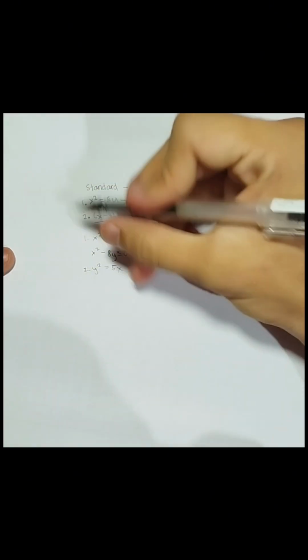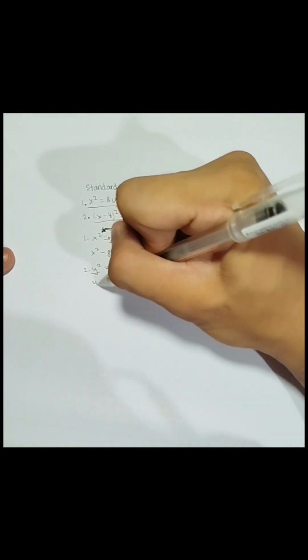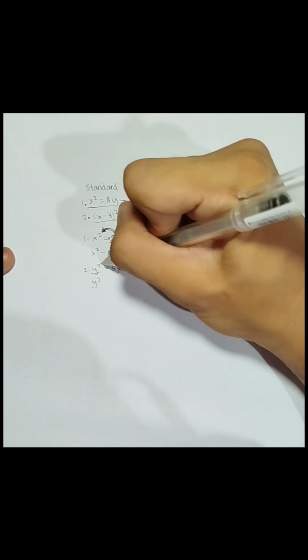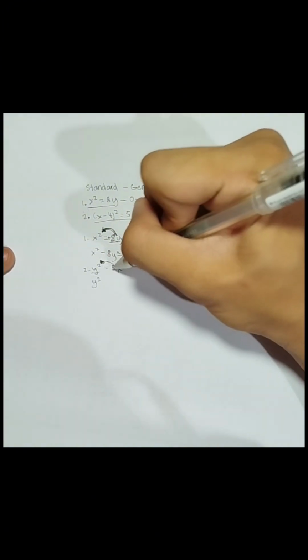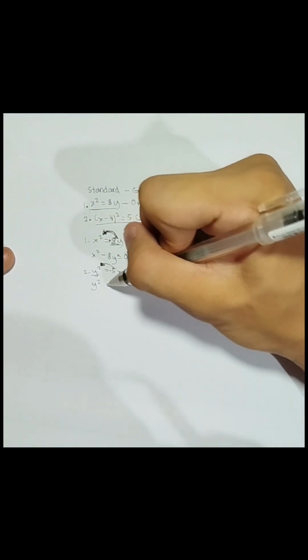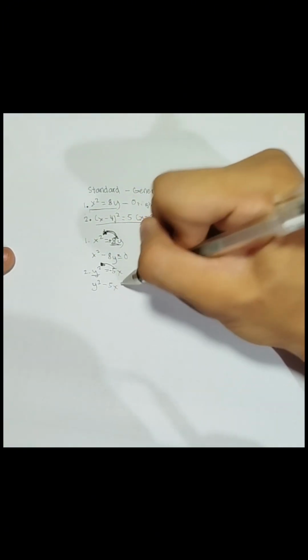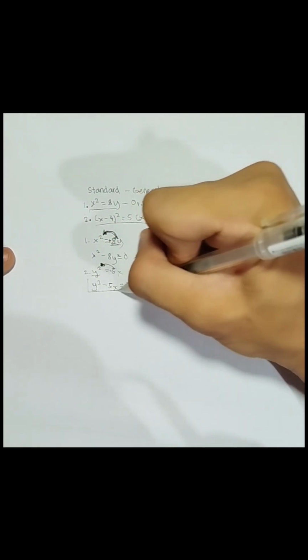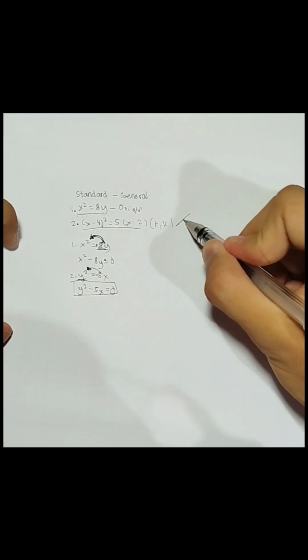As you can see here, just the same as before, but with y squared. All you have to do is transpose this to here, and as you transpose, you turn this to negative, so y squared minus 5x equals 0. That is the general form. Really simple, right?